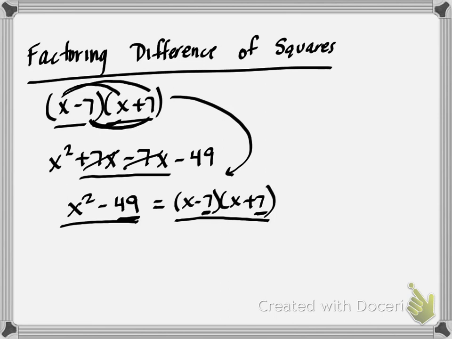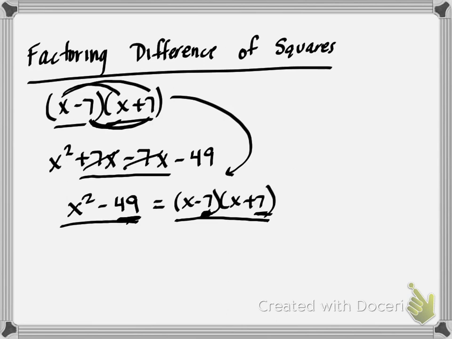Pause the video for a moment and try to figure out what is the relationship between 49 and 7. All right, the relationship between 49 and 7 is that 7 is the square root of 49.